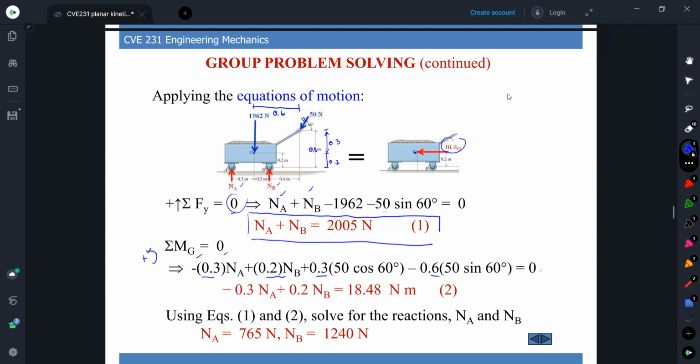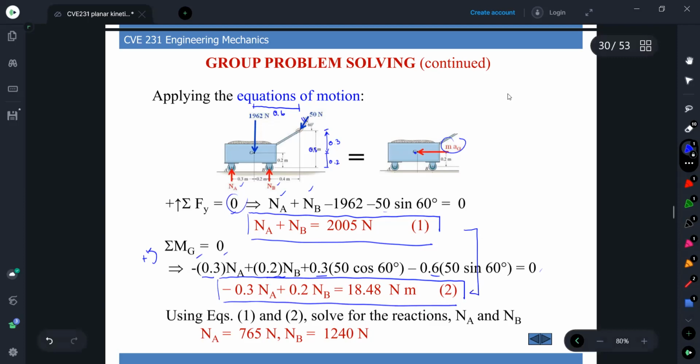After we manipulate this equation, we have the second equation, also with two unknowns, N_A and N_B. Now we have two equations and two unknowns, so we can solve for N_A and N_B.